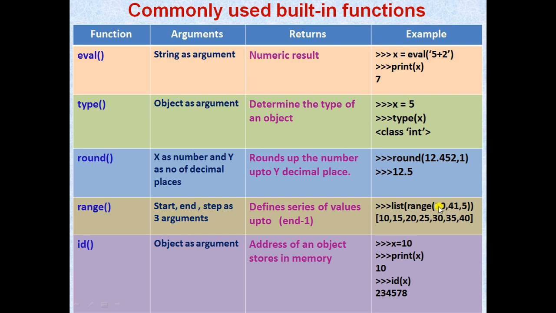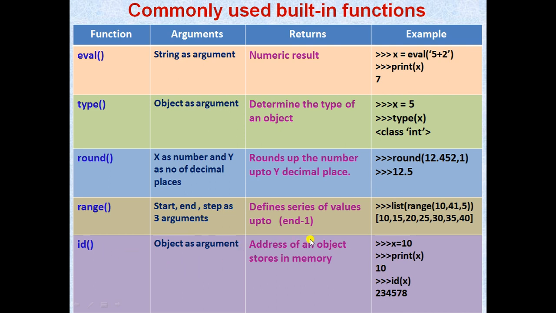So first is 10, then second is 15, third is 20. The difference between each element in the list is 5. In this way it starts from 10 and ends at 41 minus 1, that is 40. In this way, range is used for different purposes.